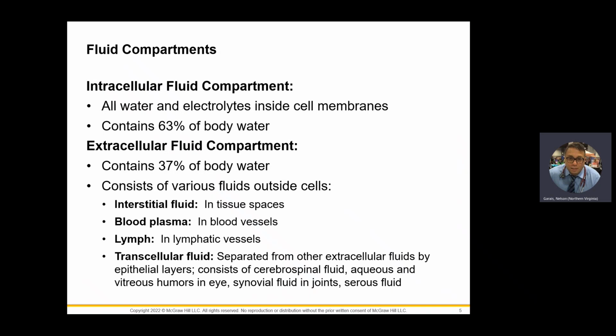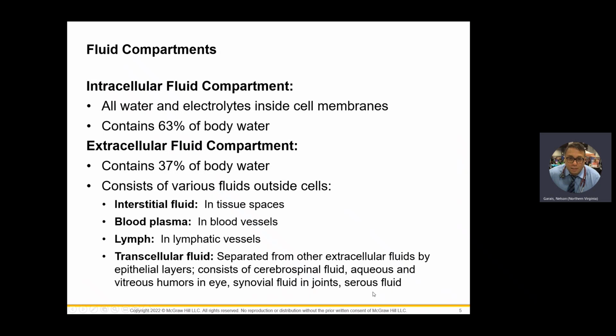Aqueous and vitreous humor have the function of light refraction in the eye. Synovial fluid serves synovial joints, your freely movable diarthrotic joints, for lubrication and reduction of friction upon movement.